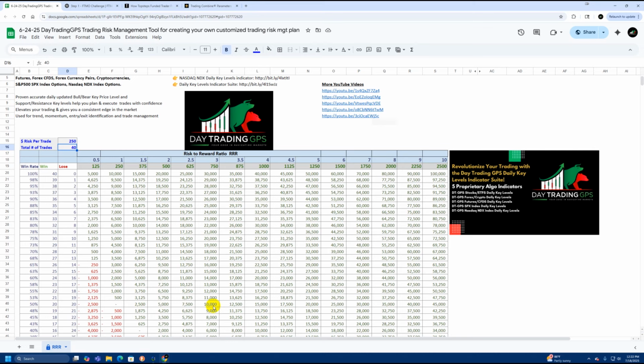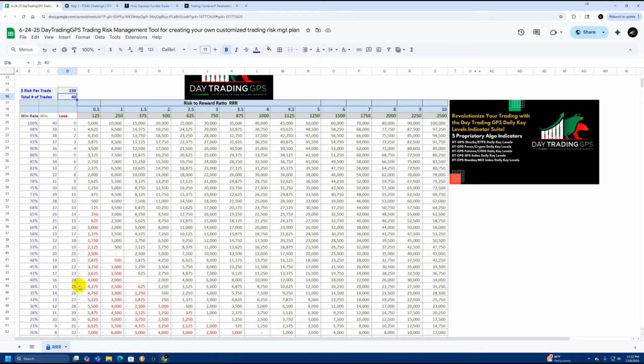Then we have a $10,000 gross profit over the trading period. Looking further down, let's say you're only comfortable with a 40% win-loss ratio. Well, then you look over here and we have $10,000, and that's using a 4-to-1 risk to reward ratio.